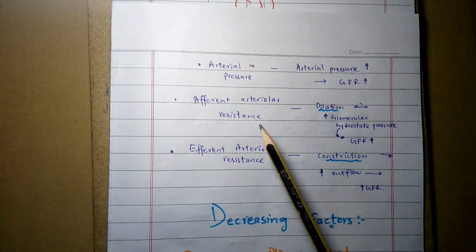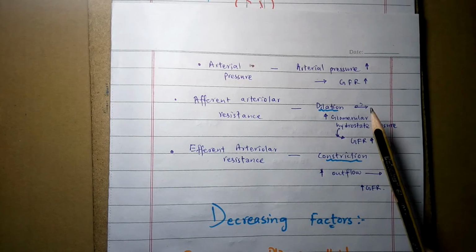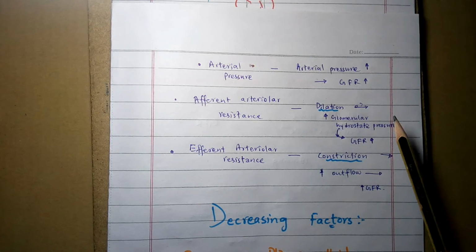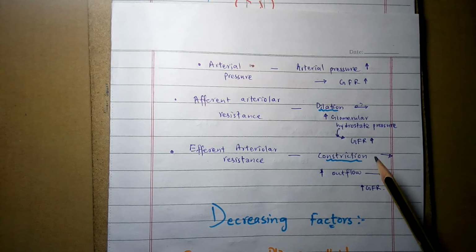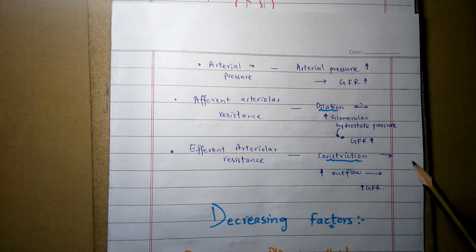Dilation of the afferent arterioles increases both the glomerular hydrostatic pressure and GFR. Constriction of the efferent arterioles increases the resistance to outflow from the glomerulus. This makes the pressure in the glomerular capillaries high, which tends to increase the GFR.